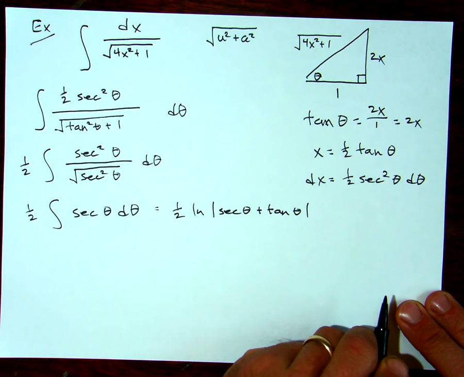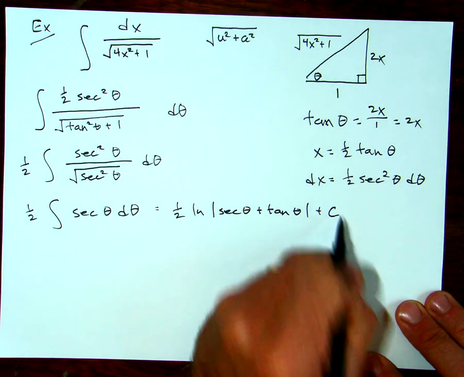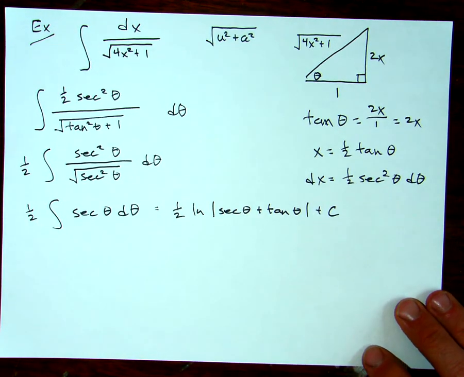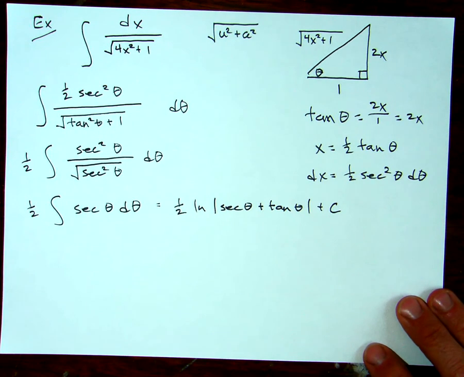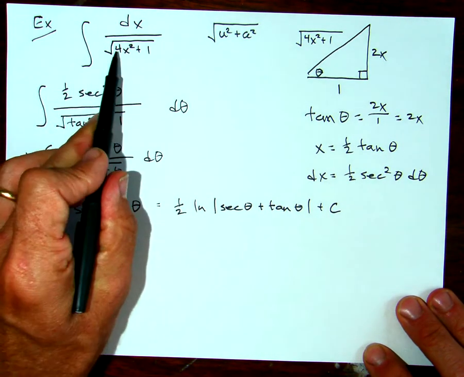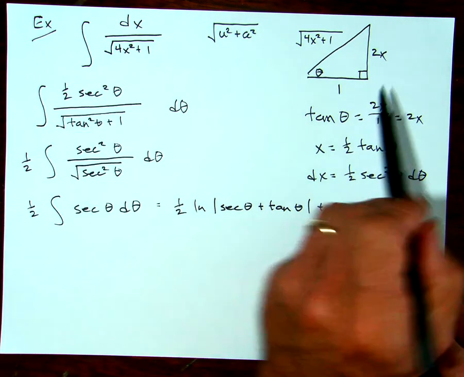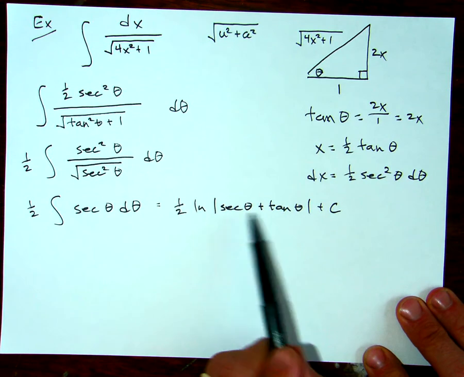All right, and then I have this plus c because now I'm working with an antiderivative instead of a definite integral. Now finally, to finish this off, I started in x, I want to finish in x. So again, I'm going to use my triangle to determine what secant and tangent are.